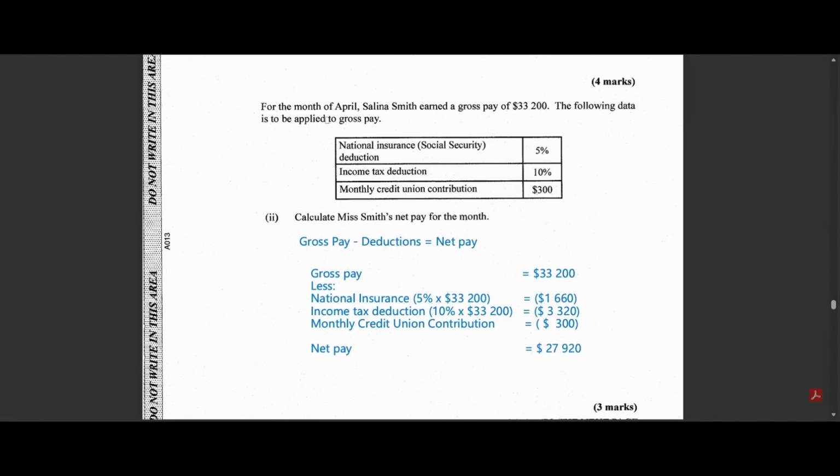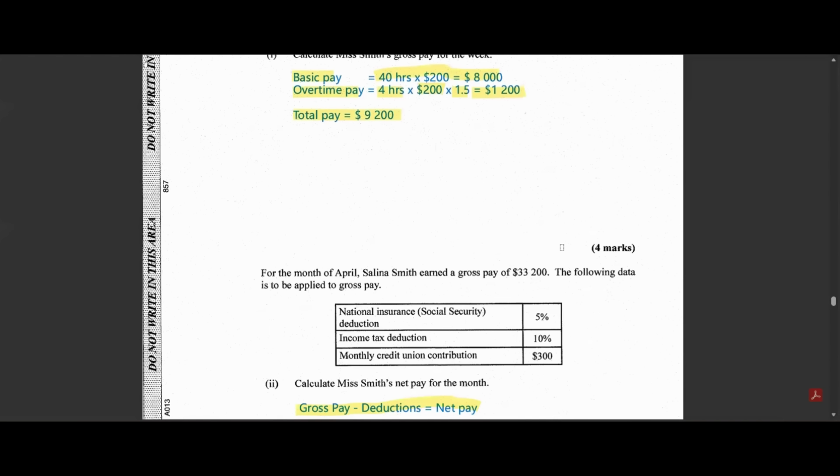For the month of April, Selena earned a gross pay of 33,200. The following data is to be applied to gross pay: national insurance, income tax deduction, monthly credit union contribution. So all of these here are her deductions. Let's see. Gross pay minus deductions is going to give net pay. Gross pay would have been what we calculated above, 33,200, as you guys saw up there. Gross pay for the month, 33,200.